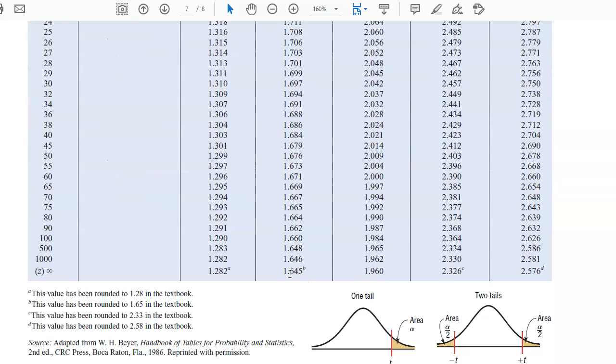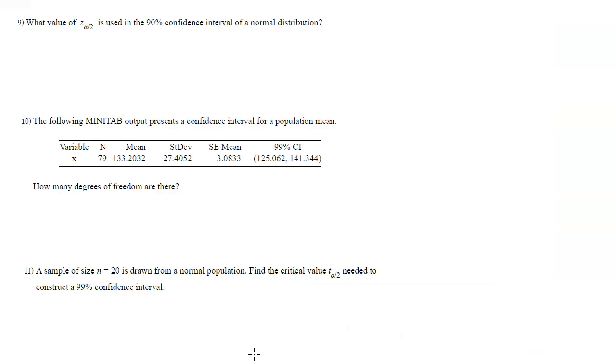And that's my z alpha over 2 value, 1.645 or 1.65. That's what it's been rounded to in our text. So I'd say 1.65 if we're rounding. That's the z alpha over 2 value.